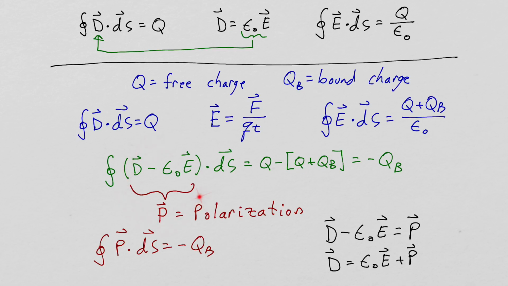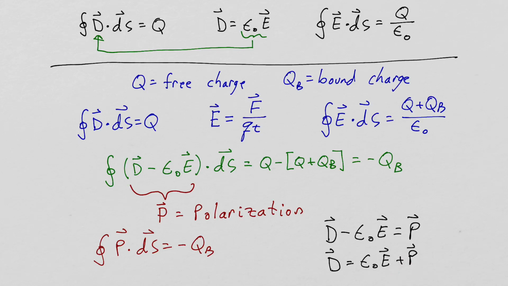So equating these two terms and rewriting them, we see that the electric flux density field is equal to the permittivity of free space times the electric field intensity plus the polarization.